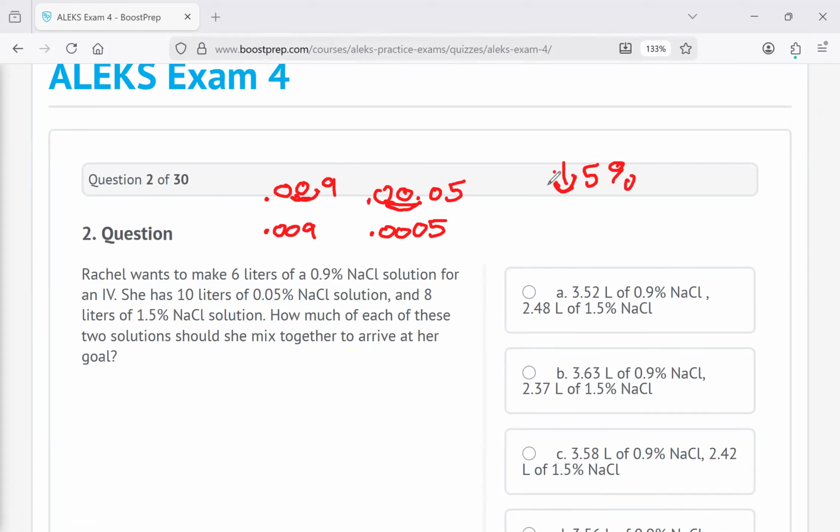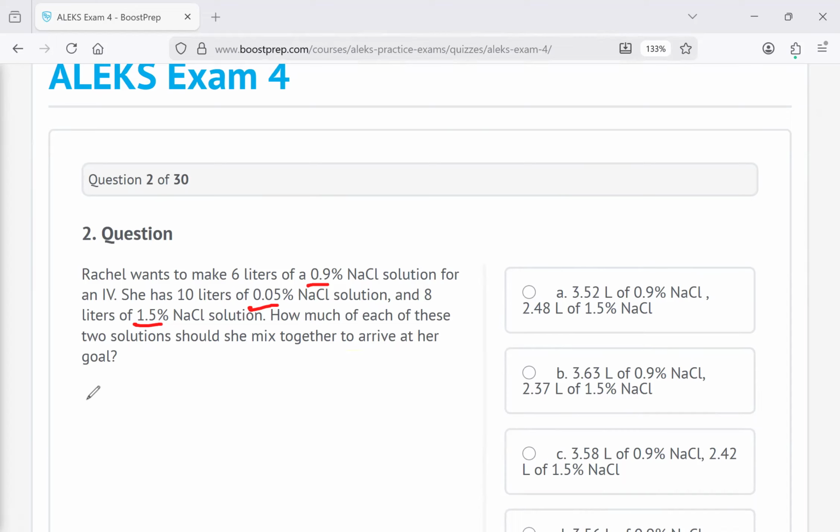So we have to convert it to decimal. Actually, let's keep it as a percentage. Don't convert. Let's keep it as 0.9, 0.05, and 1.5.